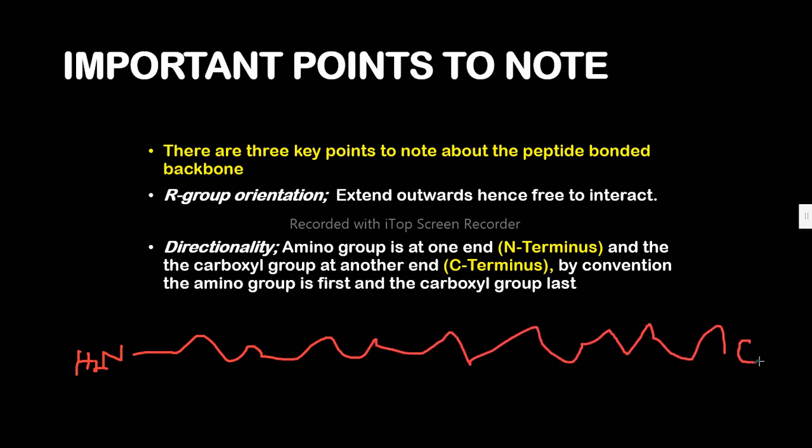It must end with the carboxyl group. So therefore this side is the N terminus, and this side is the C terminus. So you can identify these amino acids basing on these ends.